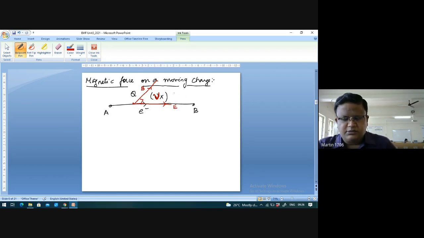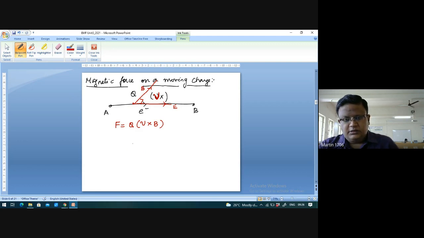Then what is the force experienced on this conductor? The direction of the force is perpendicular to V and B. So I can write this equation like this: F is equal to Q into V cross B, where V is the velocity.